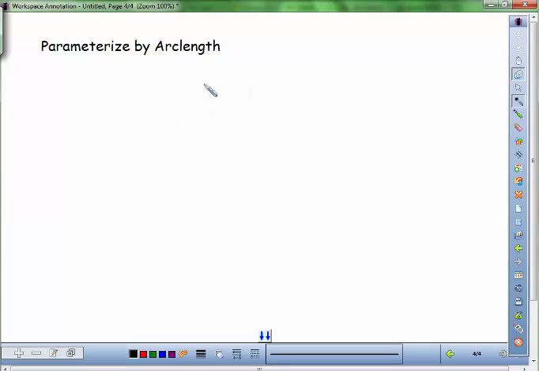your R, let's call it R sub A, and I'm going to use S. Actually, it doesn't matter what I use.